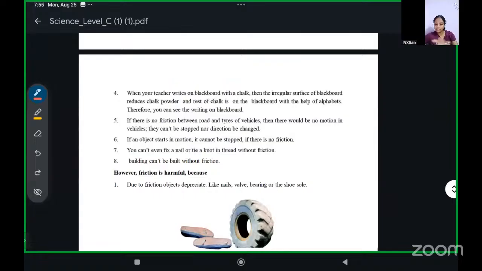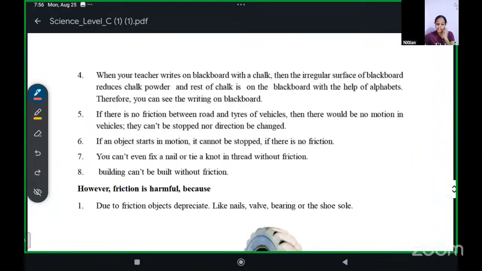When your teacher writes on the blackboard with chalk, the irregular surface of the blackboard rubs off chalk powder, and the powder stays on the blackboard in the shape of alphabets. Therefore, you can see the writing on the blackboard. These are examples of how friction is applicable in real life, or the benefits of friction.